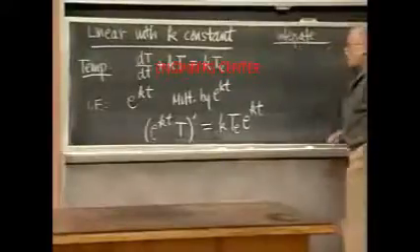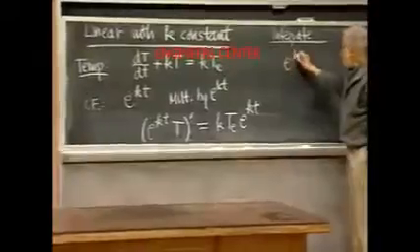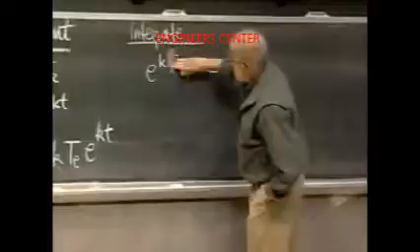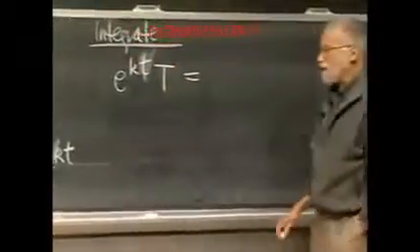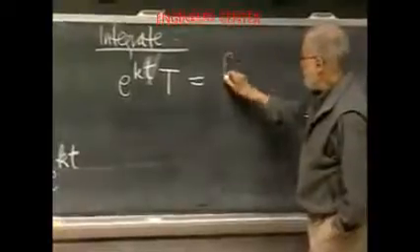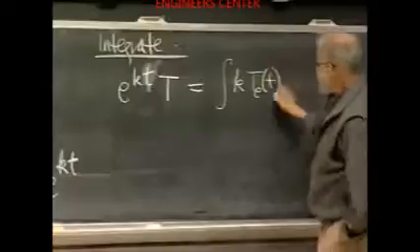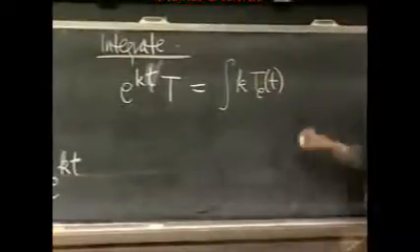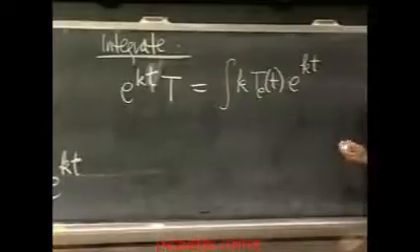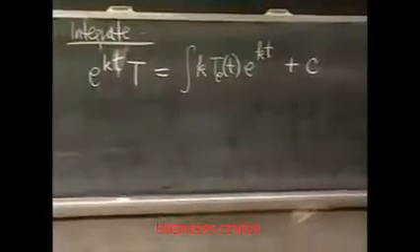What's the answer? Well, we're going to get e to the kt times T, that is, k times time times the temperature, is equal to the integral of k times the external temperature, I'll put the fact that it's a function of t inside just to remind you, times e to the kt, and now I'll put in the arbitrary constant explicitly.